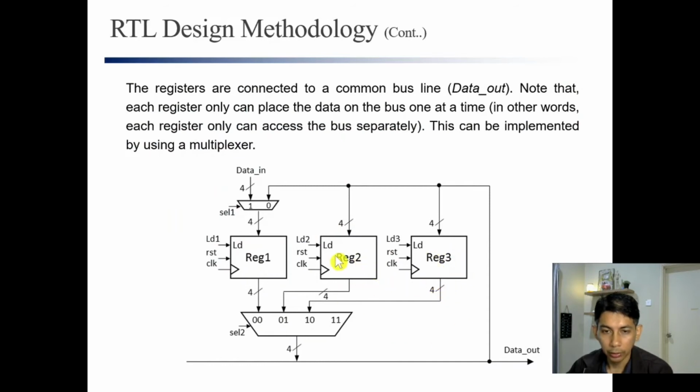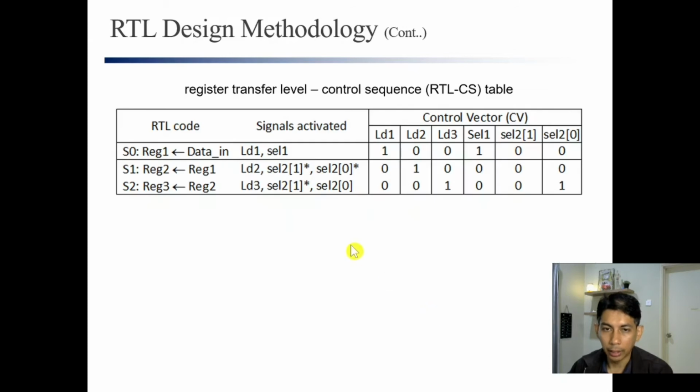So again here this should be 0, 1, and LD3 must be 1 in order to get the data from here into the bus and read the data from the bus to rack 3. So that's why LD3 must be 1, and this should be 0, 1, right?